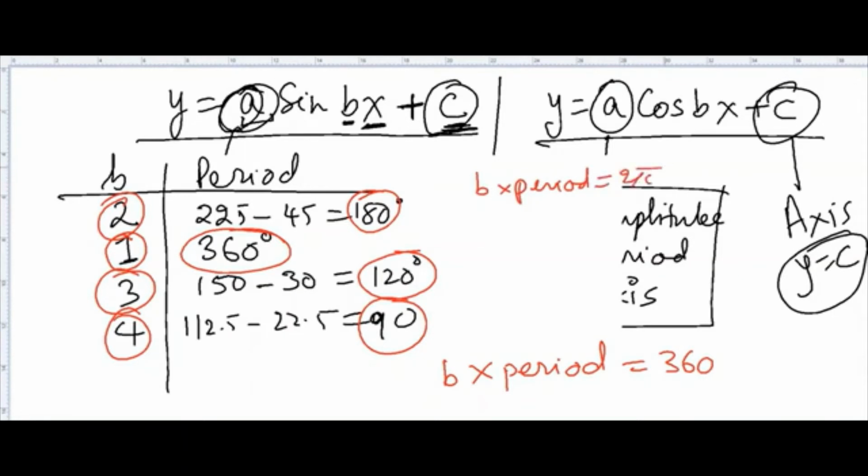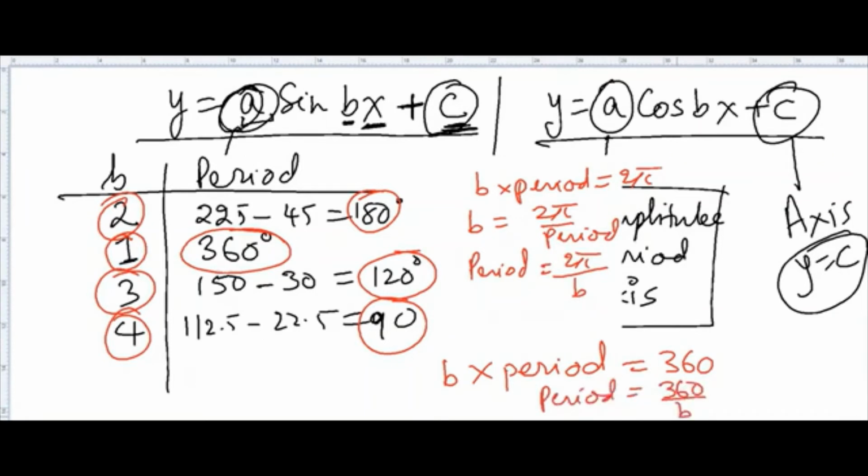That means B is 2 pi divided by period, or period equals 2 pi divided by B. Same here, period equals 360 divided by B, or B equals 360 divided by period. This is the relationship between B and period.